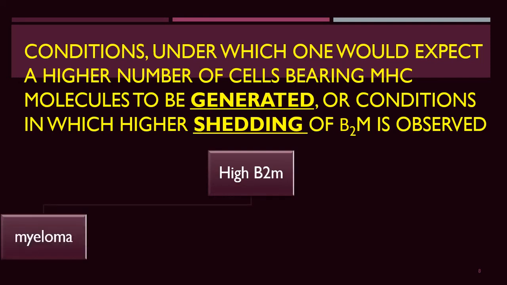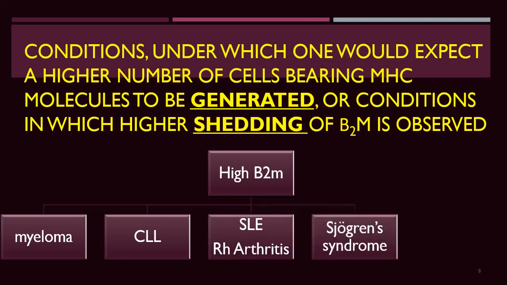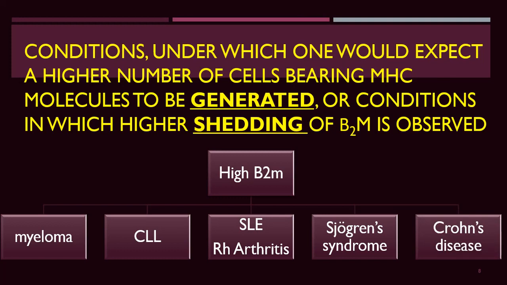So beta-2 microglobulin is high in myeloma, chronic lymphatic leukemia, systemic lupus erythematosus, rheumatoid arthritis, Sjogren's syndrome, and Crohn's disease, where inflammatory or neoplastic lesions can generate beta-2 microglobulin. It is very common in myeloma, and one of the therapeutic challenges in following up patients with myeloma is to measure beta-2 microglobulin, even if there is no renal impairment.